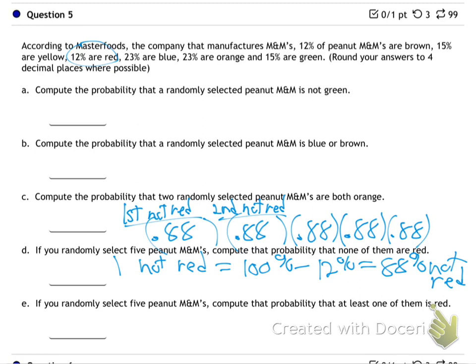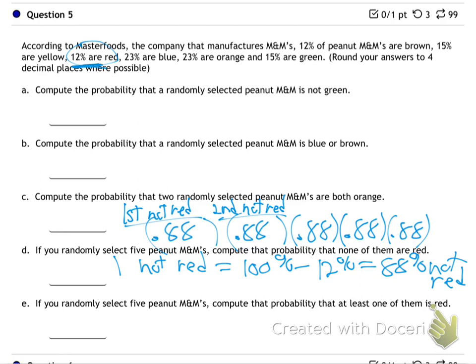Does that make sense? So we did do the opposite of the 0.12. The next question is going to be the opposite of the opposite. I'll show you, we'll get there. But let's hold with D for a minute. Everybody tracking with me on D? 12% are red, so the chance that one is not red is 88. Multiply, since you want all 5 to not be red.